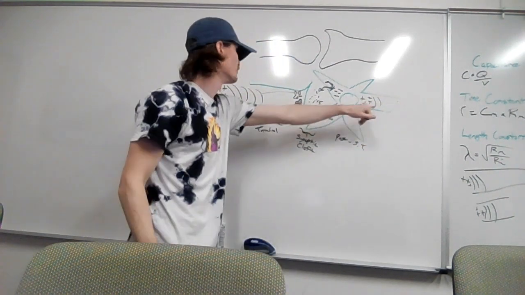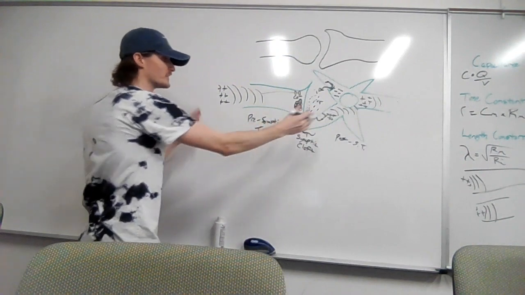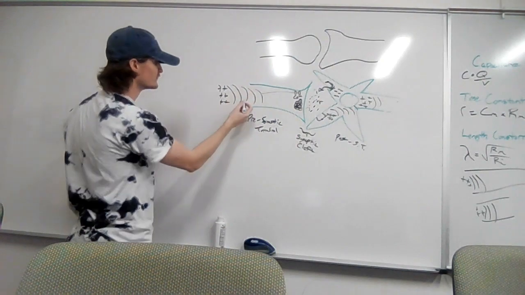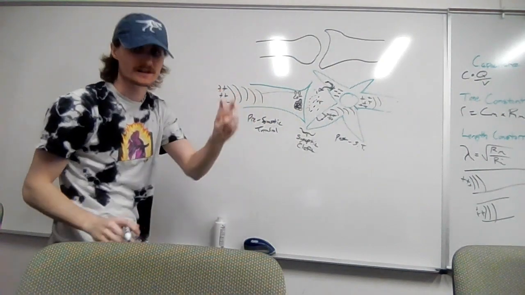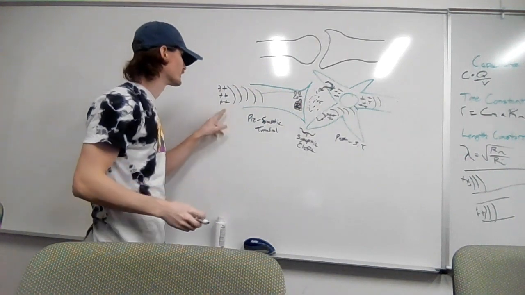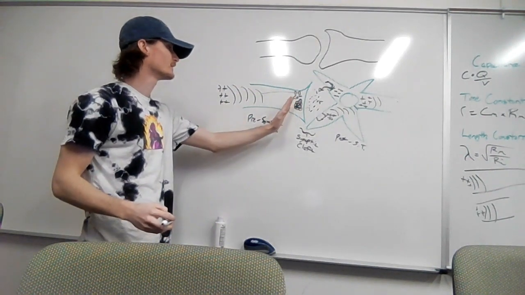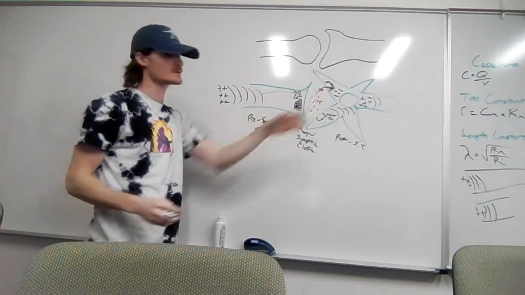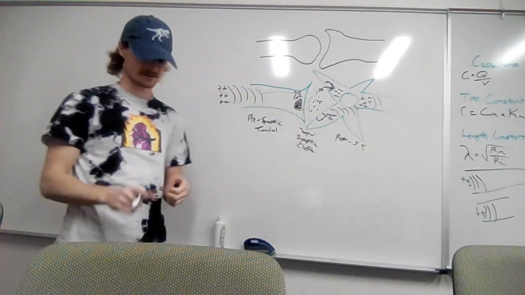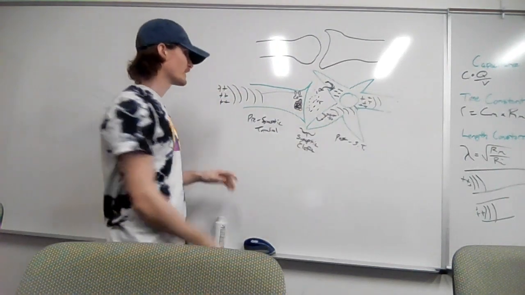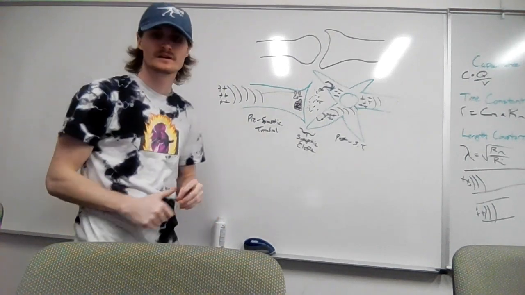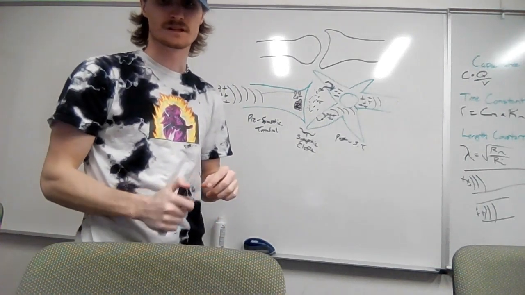If it's the same size neuron as this one, this one needed 5 lines. This is very layman's terms right now, but this had 5 lines and was able to reach here and cause the neurotransmitters to release. Now this one only has 2, and that may not be able to reach all the way to the end. But that'll be one of the two different things that could happen. And yeah, that's that.